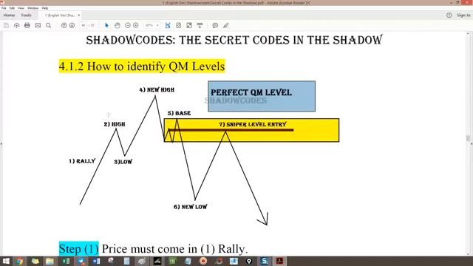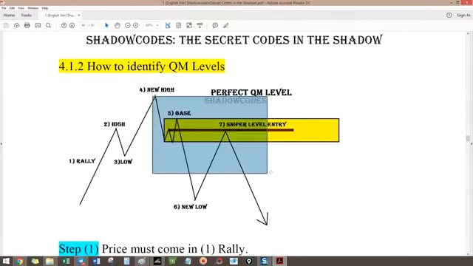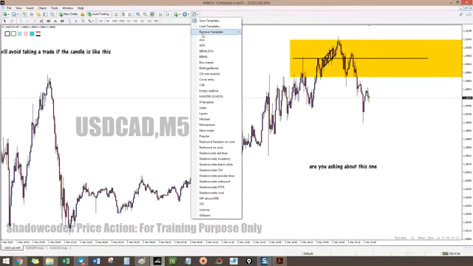Right now we are only learning the QM pattern. Later we'll be learning this one. How does this one work? It will work like this. All right. So you have a high here.